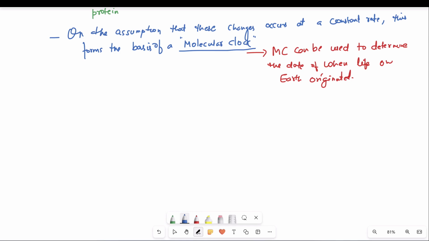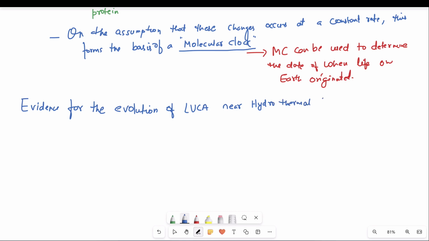So let's talk about how the universal ancestor has evolved. So let's talk about evidence for the evolution of LUCA near hydrothermal vents.